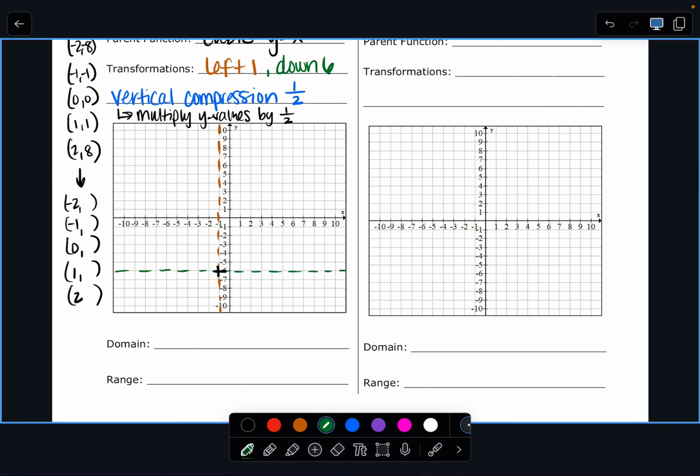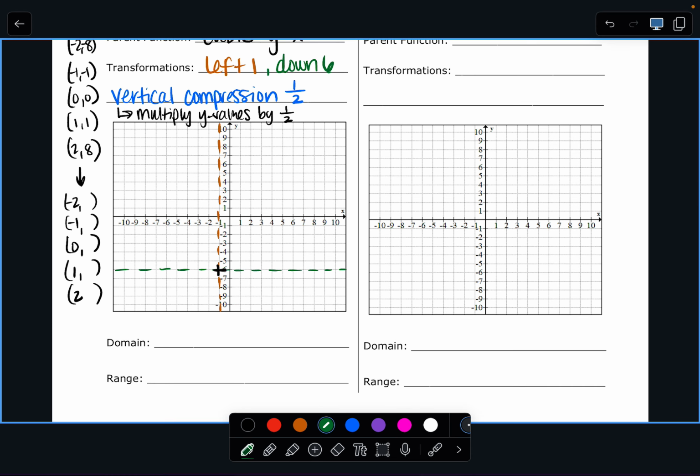So if I take -8 and I divide it by 2, what do I get? What's -8 divided by 2? 4. So is it positive or negative? Negative. So -4. And then if I take -1 and I divide it by 2, I get -1/2. Yep. The nice thing about a lot of these functions, 0 divided by 1/2 is still 0.